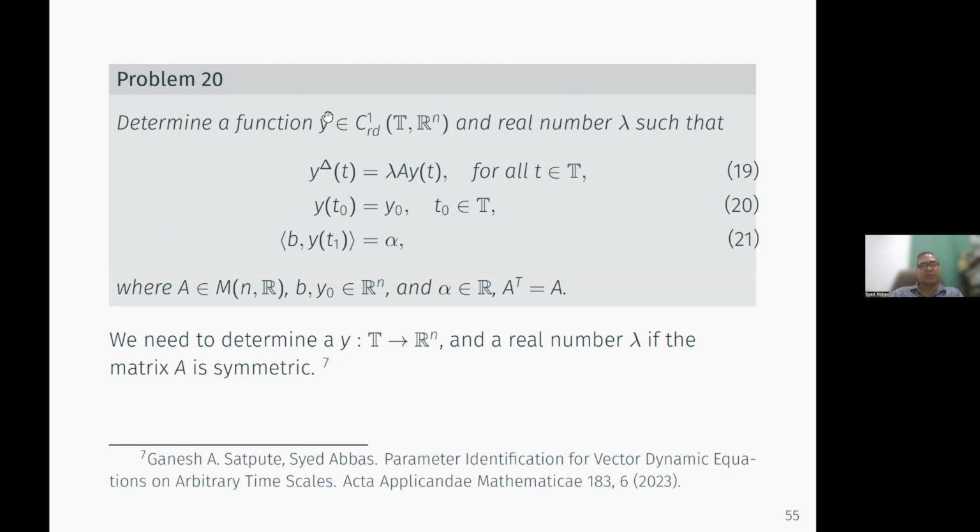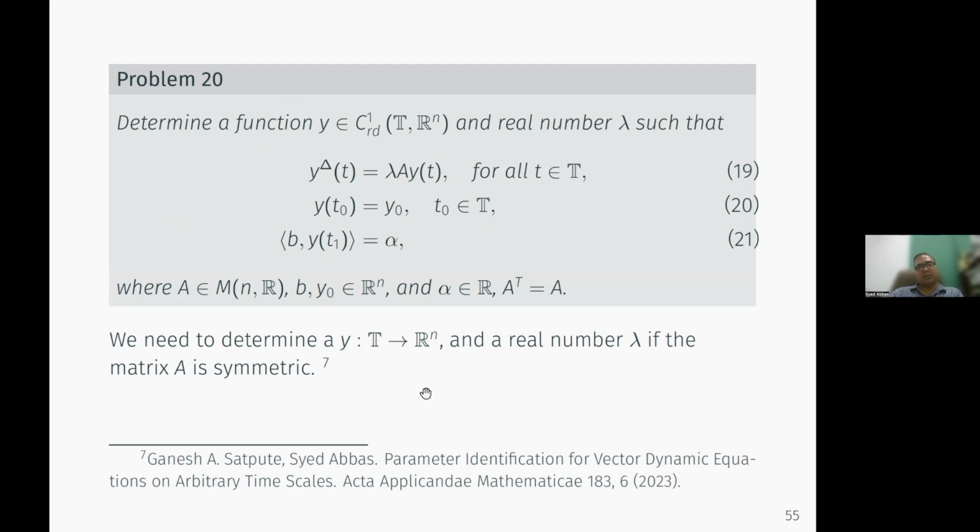So we want to determine a function and a real number lambda satisfying this: Y delta t is lambda A yt, and yt0 is y0, with this additional information that this inner product b of yt1 is alpha. Now we need to determine this y and the real number lambda if the matrix A is symmetric.